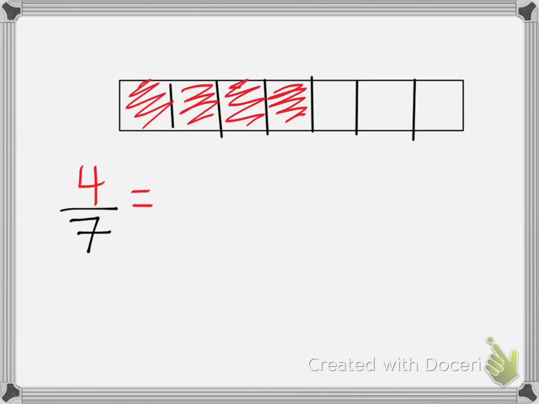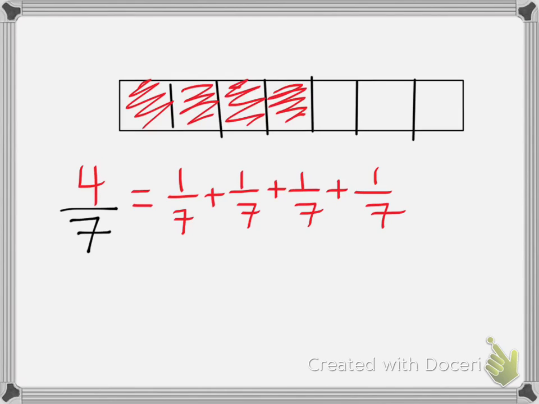Now I can decompose this in all kinds of ways. I can literally go 1/7 plus 1/7 plus 1/7 plus 1/7, and that makes 4/7, right? Because we can add the numerators 1, 2, 3, 4. That makes 4, and the denominator stays the same.